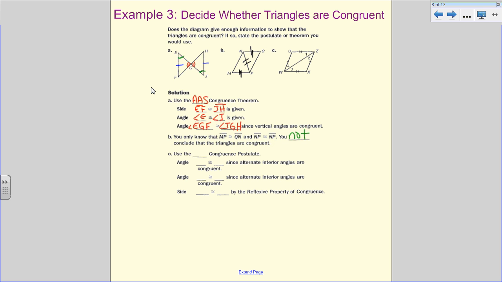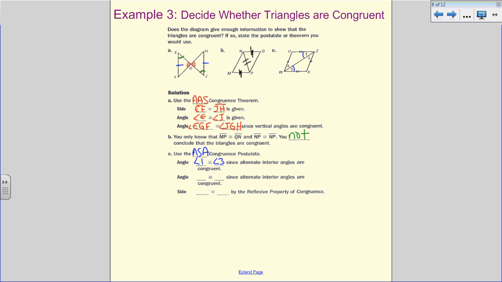If we take a look at C, I'm going to be able to use the angle side angle postulate, because we have these parallel lines. When we have parallel lines cut by transversals, I have alternate interior angles that are congruent. So angle 1 is congruent to angle 3.